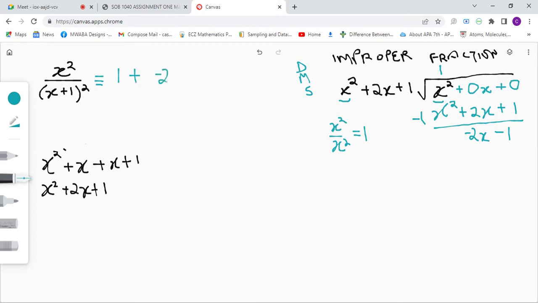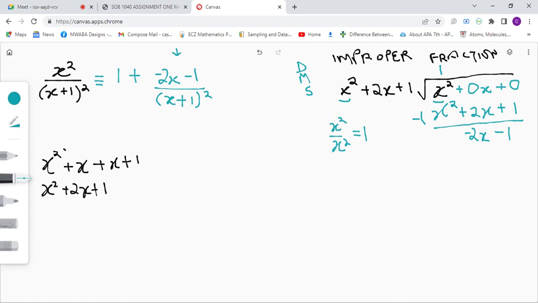We have 1 plus negative 2x minus 1 over x plus 1 squared. Now this is the fraction we are going to decompose.